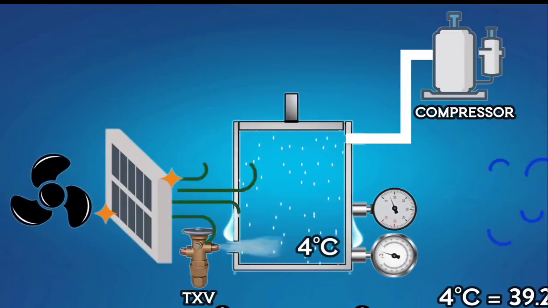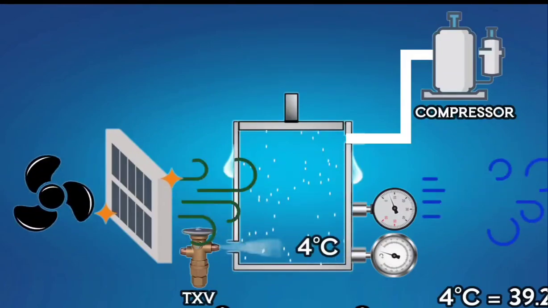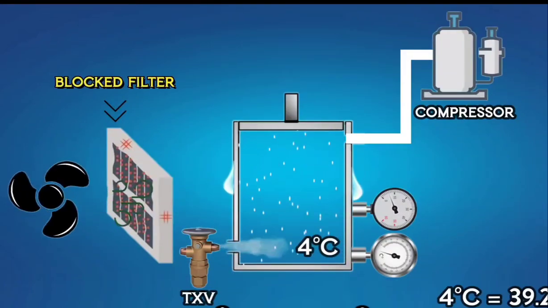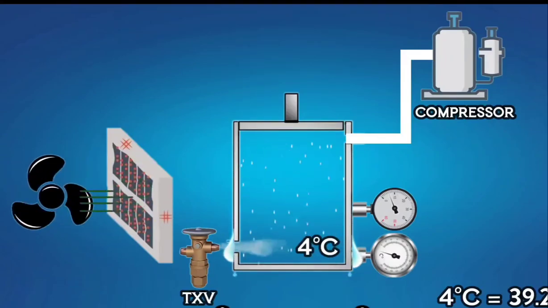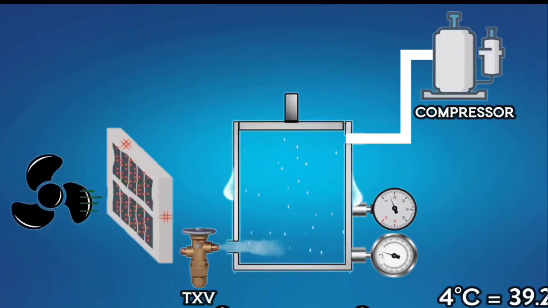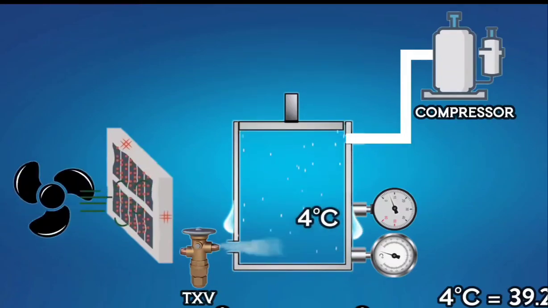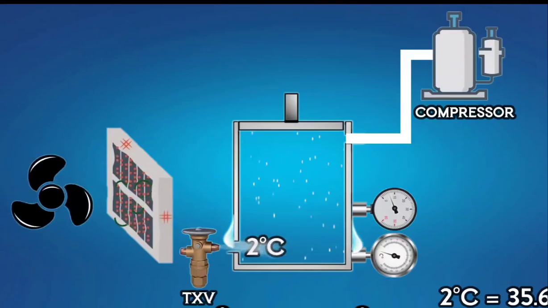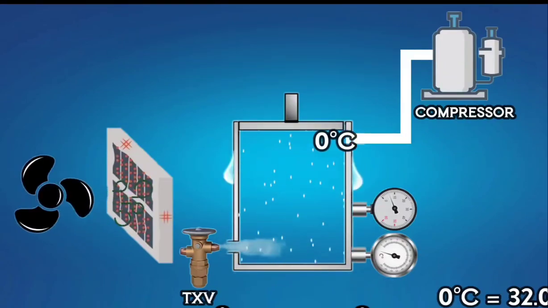This will continue continuously. If the filter is completely blocked, air cannot flow from the blower to the evaporator coil. Therefore, the refrigerant entering at 4 degrees Celsius will leave to the compressor at the same temperature. As this continues, the temperature of the refrigerant coming from the expansion valve decreases and enters the evaporator coil at minus temperature.